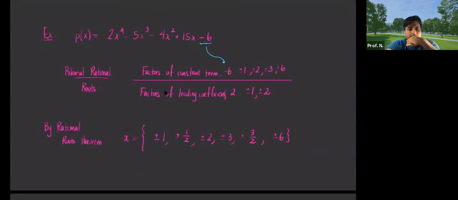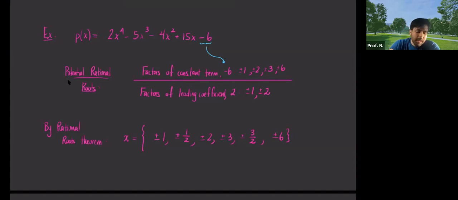Anybody have an idea? What's a fundamental aspect of being a root? We can plug in the equation. That's right. If we plug it into the equation, what should be the result? It should equal 0, correct? And so if it doesn't equal 0, then what? It's not a root.